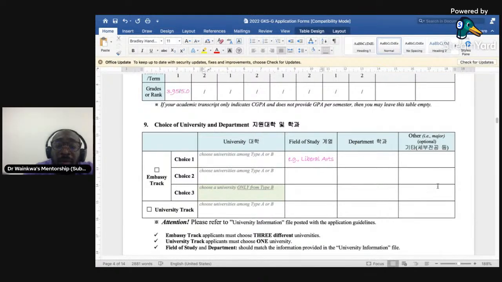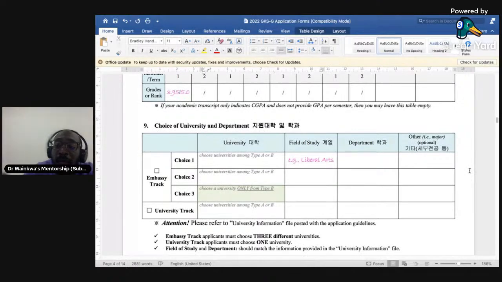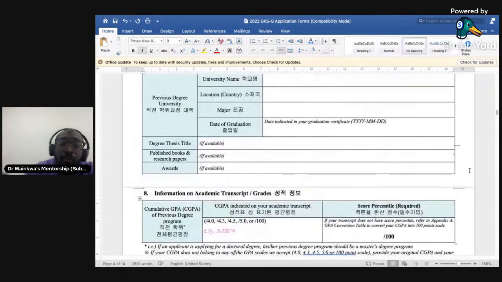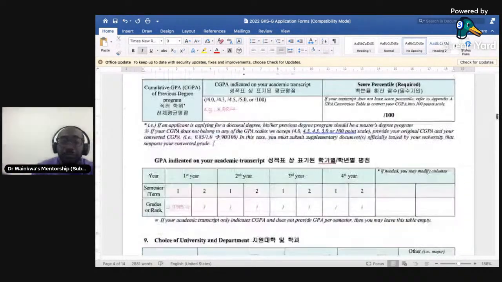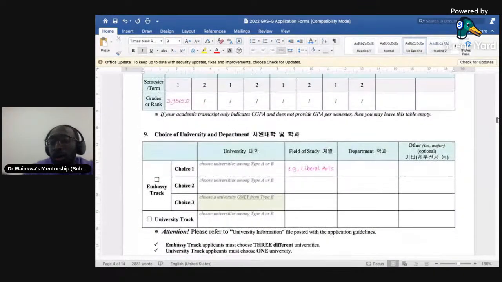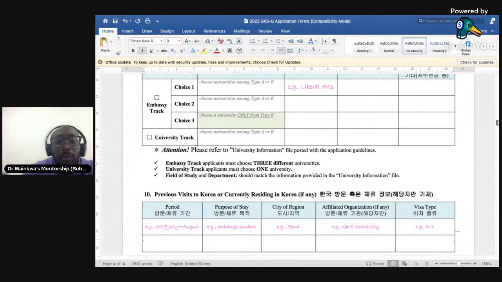Wow, these people even made it easier for you. So embassy track, 3 universities. University track, just 1. Field of study. So we keep going. You choose a university. University track, you're going to choose just one university, either university A or university B.